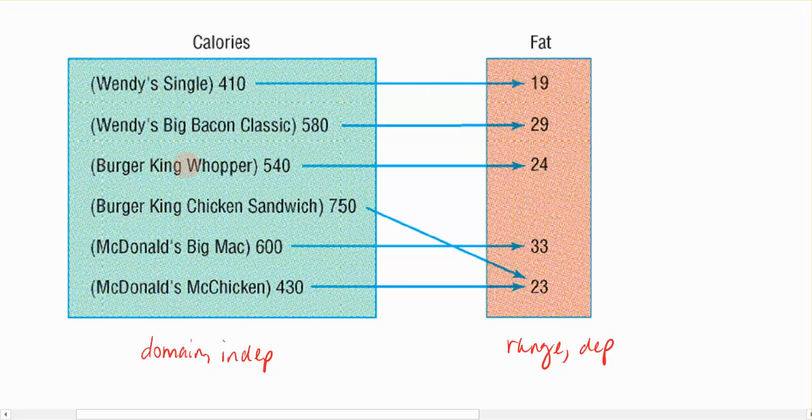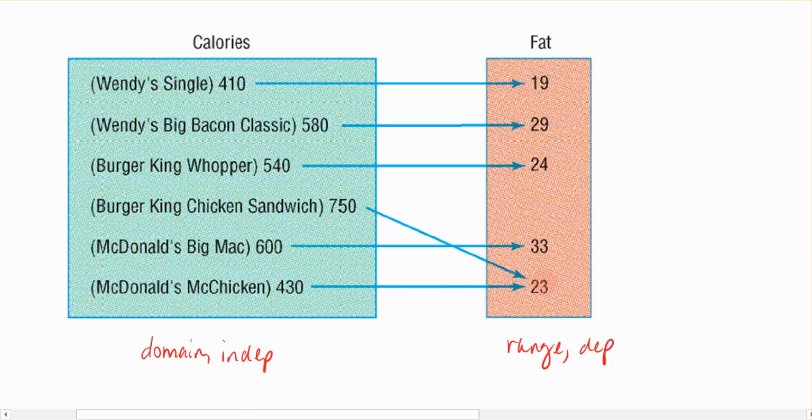If I go to Burger King and buy a Whopper which has 540 calories, I can expect there to be 24 grams of fat. Let's look at this one here. Burger King chicken sandwich has 750 calories with a fat content of 23 grams. And although McDonald's has the same fat content for their sandwich at 23 grams, if I go to McDonald's and I buy this McChicken, I can still expect there to be 23 grams of fat.